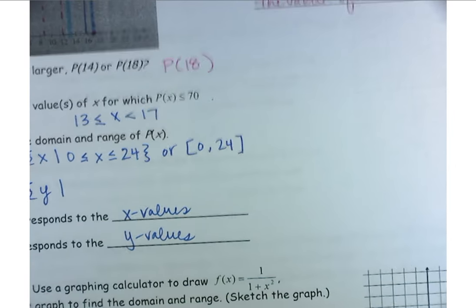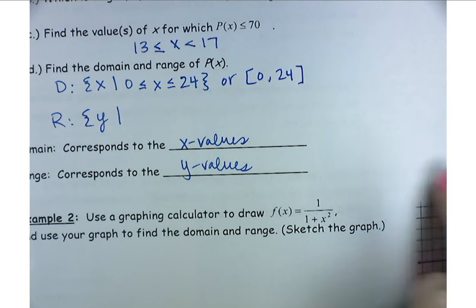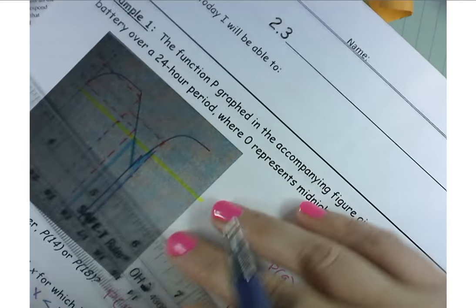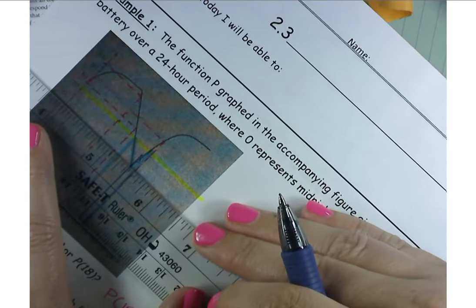Okay, now your range, you're going to have to find your lowest Y value. Okay, so find the lowest part of that graph. Okay, and your lowest part of the graph, I'd say is about here.